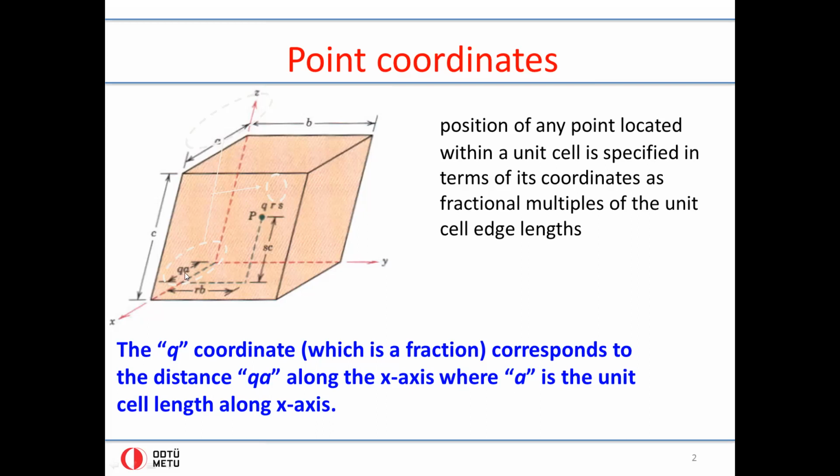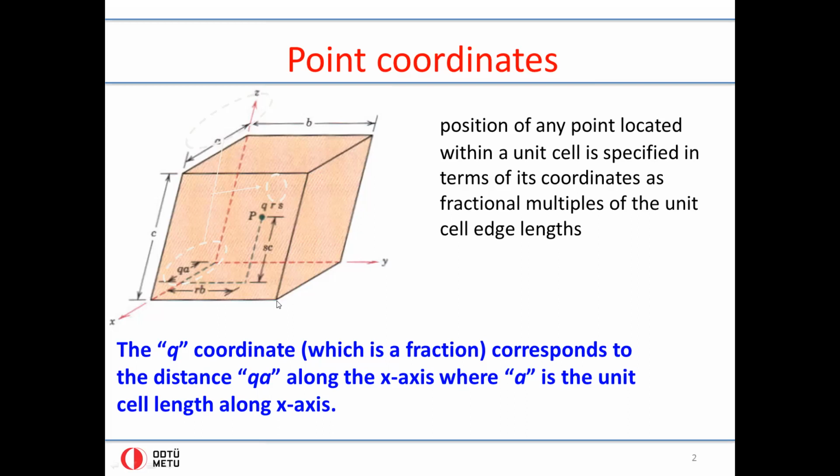So if Q, R, and S are all equal to 1, Q times A, the distance along the x-axis, is equal to A, and R times B and S times C are also equal to B and C, and that would indicate this point here. This point here would be QRS, where Q, R, and S are all equal to 1.